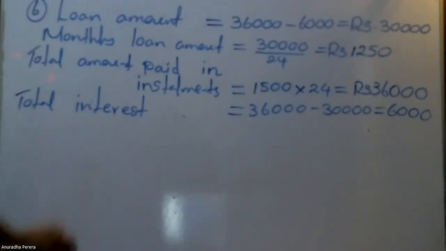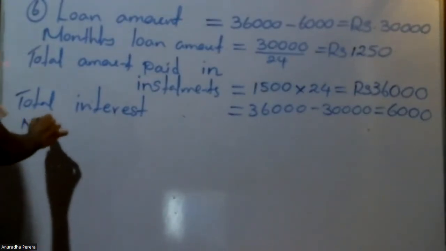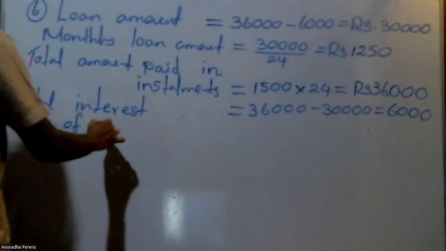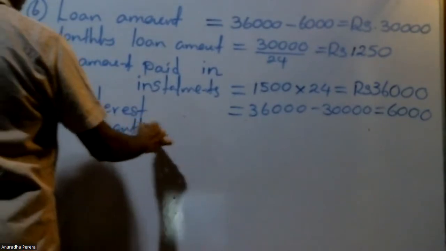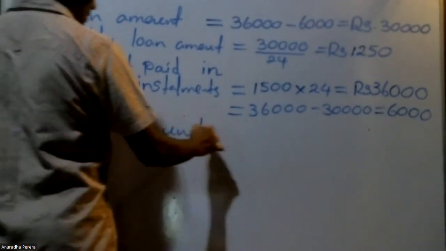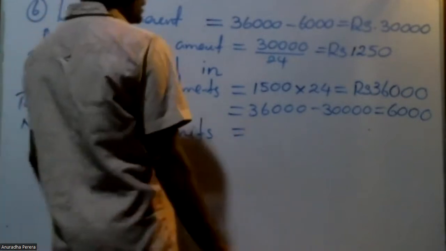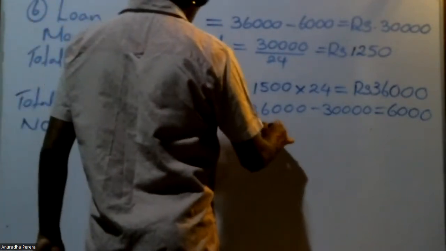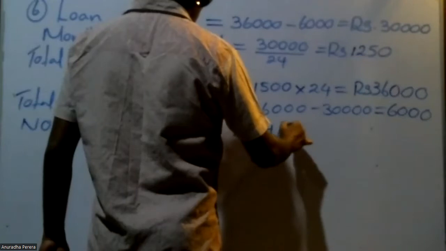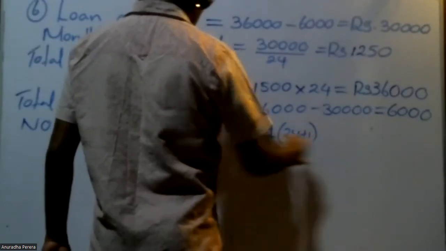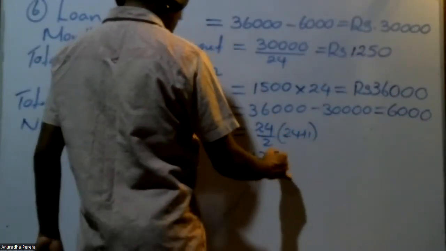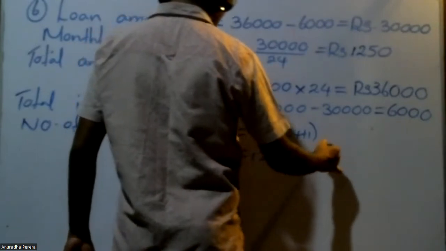Now determine number of month units. Number of installments 24 over 2, 24 plus 1. 12 into 25 is 300.